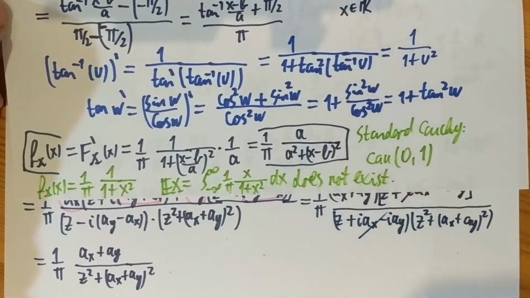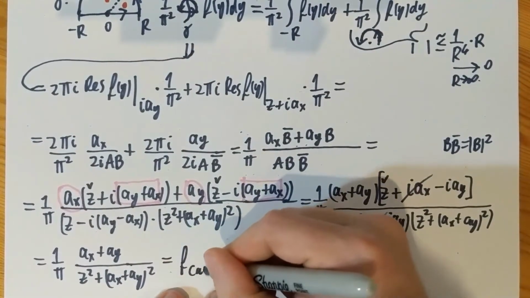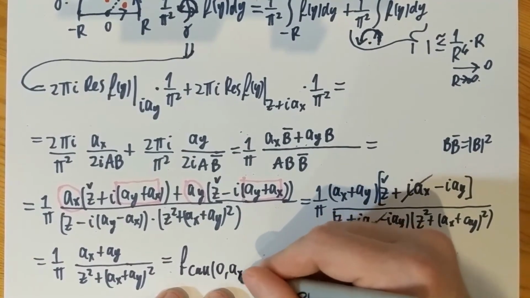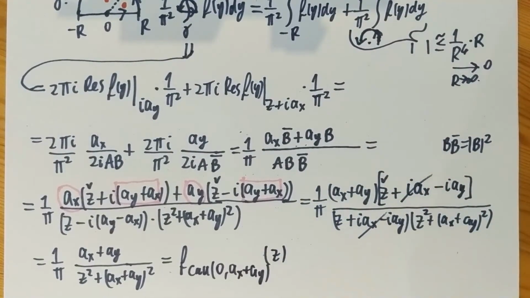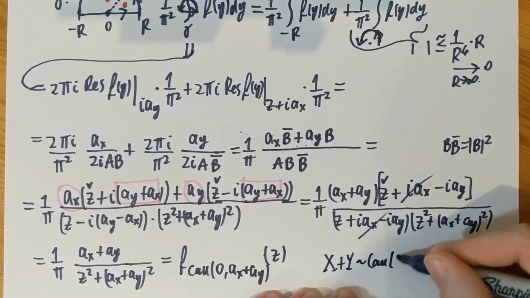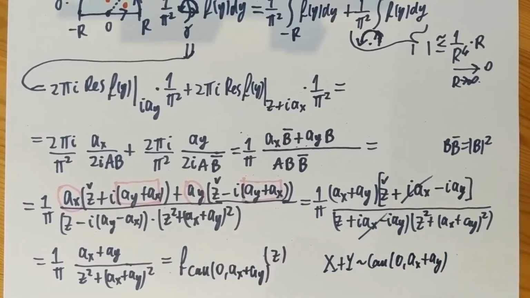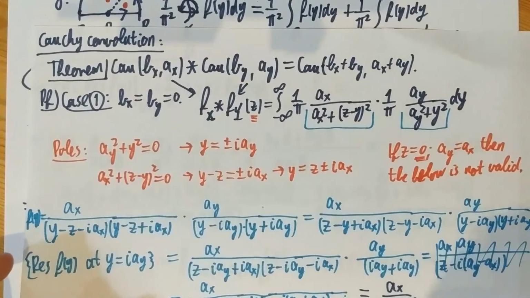So this is going to be the Cauchy density of parameter 0 for the shift parameter and ax plus ay for the height parameter at z. So I conclude that x plus y has this distribution, Cauchy of 0, ax plus ay. Okay, so that concludes case 1. That concludes the case when bx equals by equals 0.